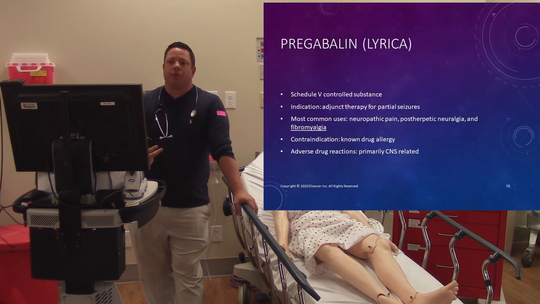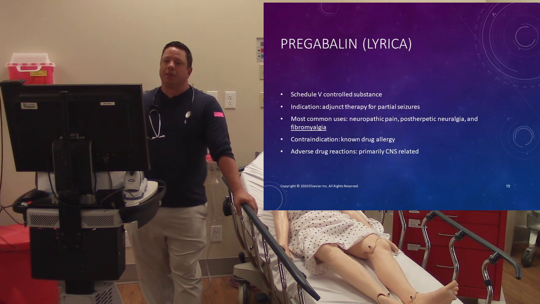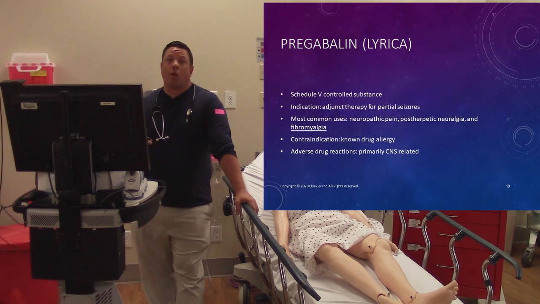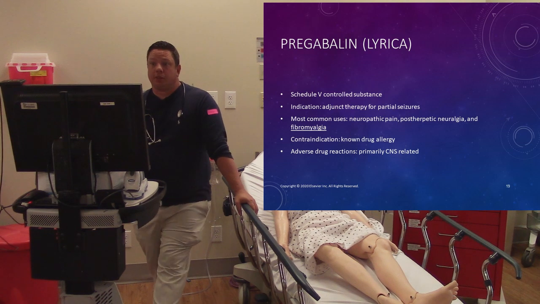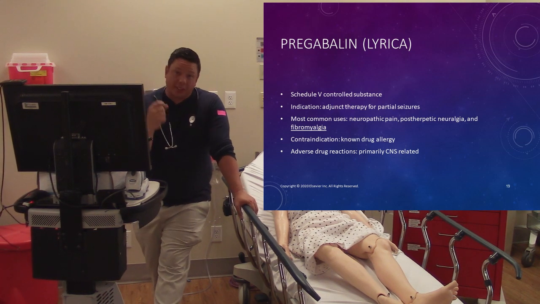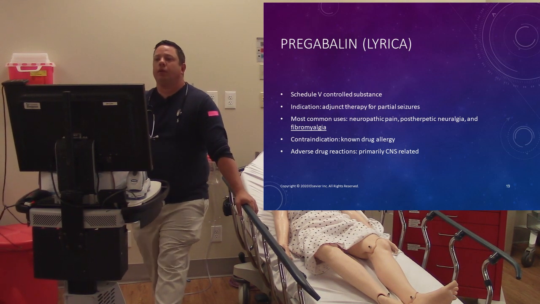Lyrica can also be given for seizure disorders. Where do you all hear Lyrica given for the most? In my experience, Lyrica is usually given for pain from fibromyalgia, which is a nerve pain, right? So it's a Schedule 4 controlled substance, pregabalin, which is Lyrica. You need to remember pregabalin.